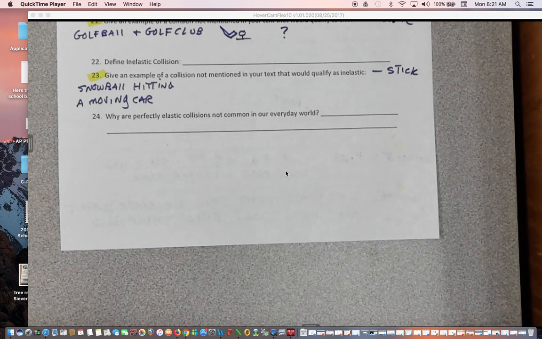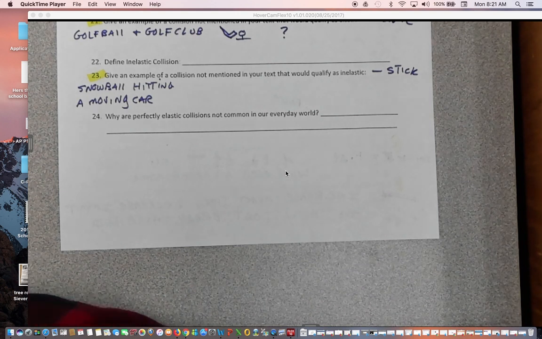I could think of something, maybe you're riding down the road on a motorcycle or driving, and a bug hits your safety glasses and sticks to them. The bug will explode and hit your safety glasses. That sounds nasty, but it is an inelastic collision.